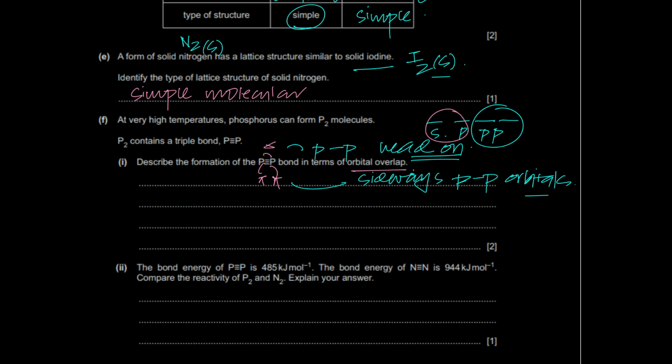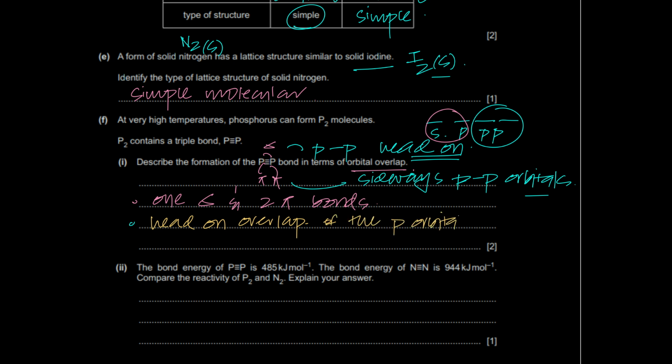So let's talk about it. What's the formation? The formation is that there is one sigma and two pi bonds. Here you go, that's the description. Secondly, there's a head-on overlap of the p orbitals, or you could say the sp orbital. Doesn't really make a difference.